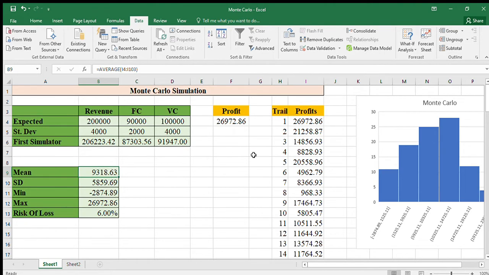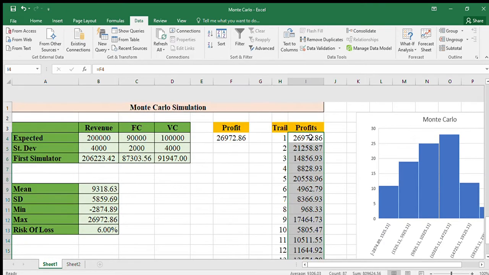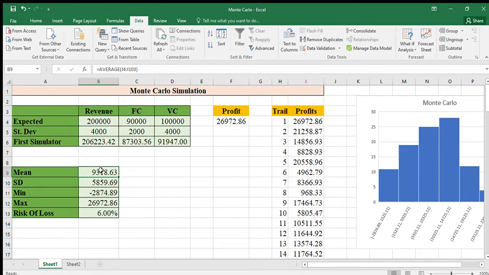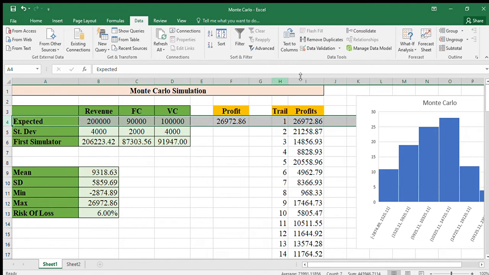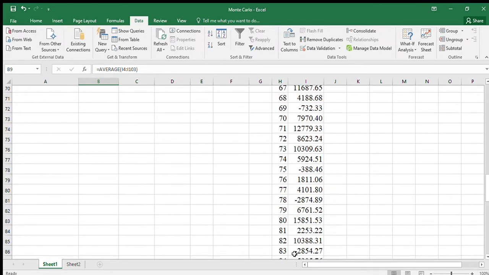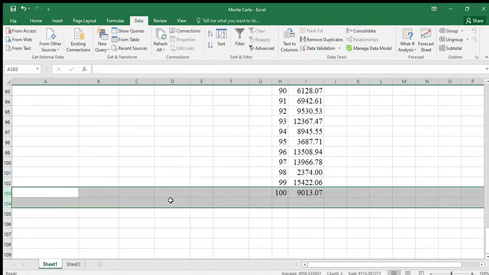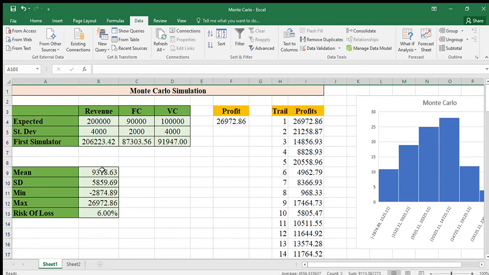We'll then calculate the mean from this to this. The formula for the same is AVERAGE from I4 to I103. So here we will take the average.